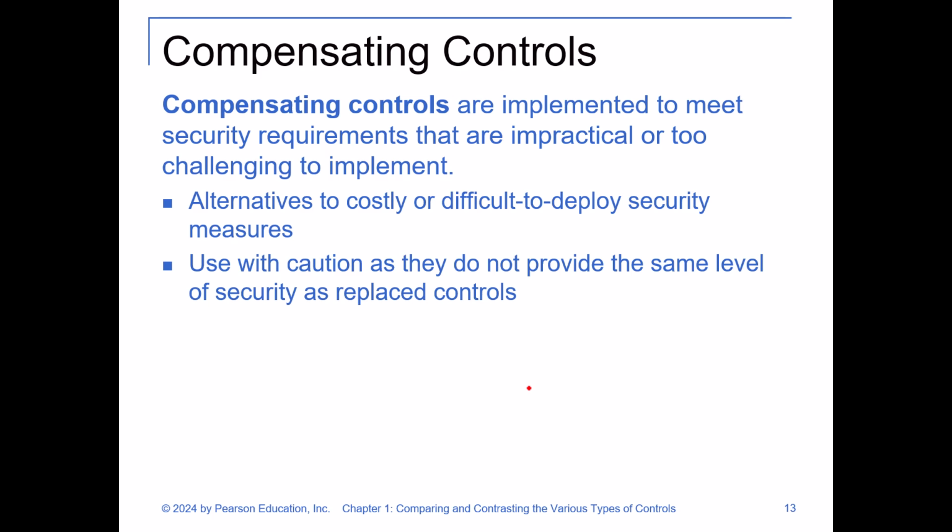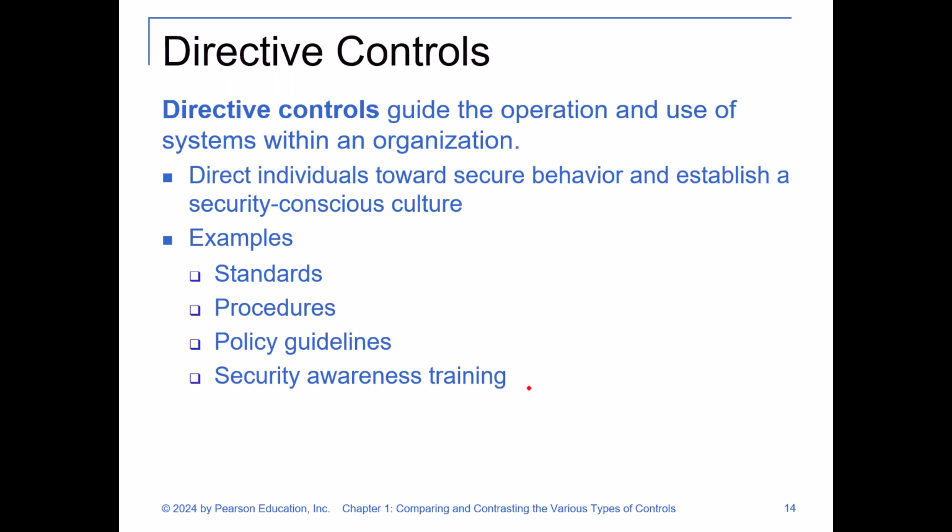We do want to use these with caution, as they do not provide the same level of protection as a replaced control, but again, they typically try to provide the same or a similar level of protection. We're going to go into these a little bit deeper in a later module. So now we're just doing a brief overview.